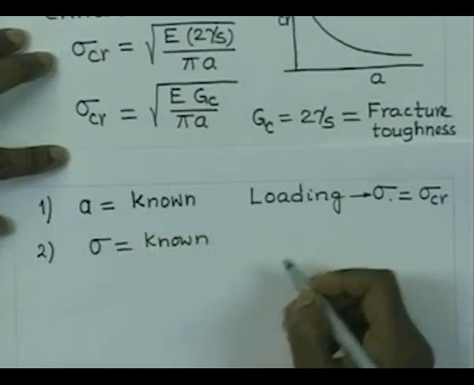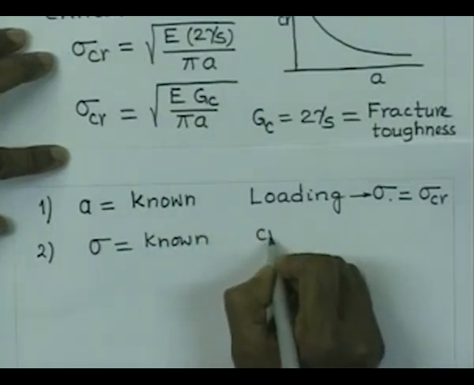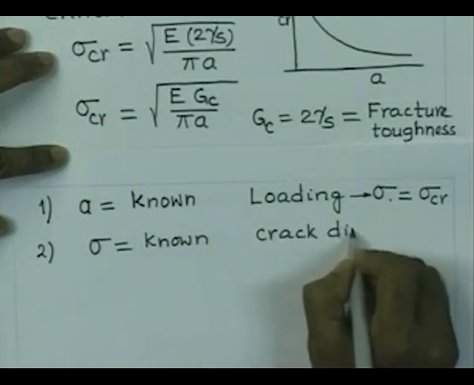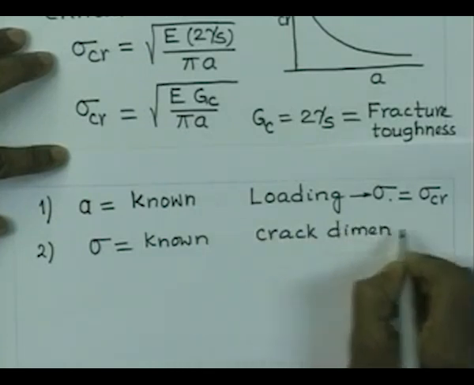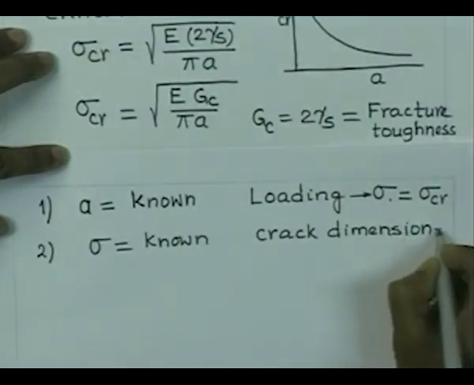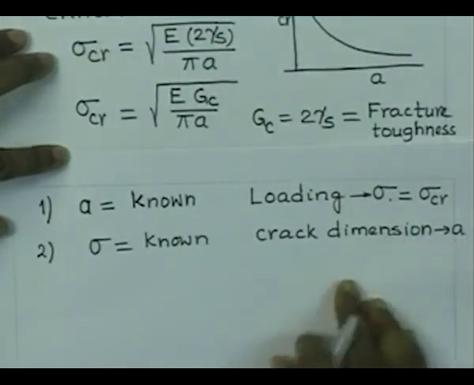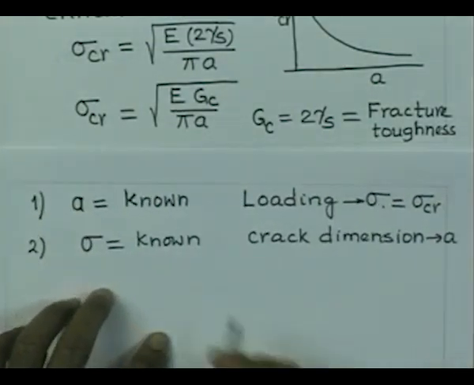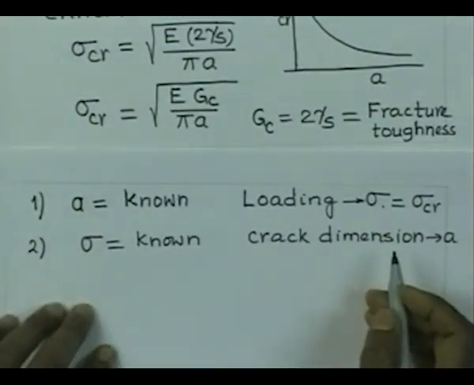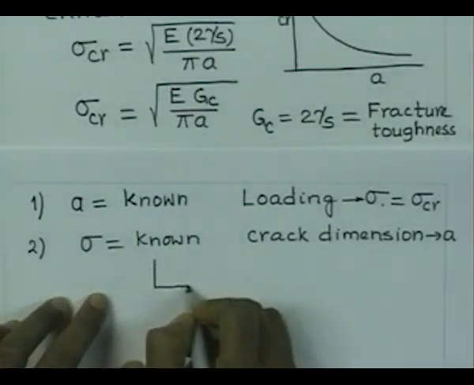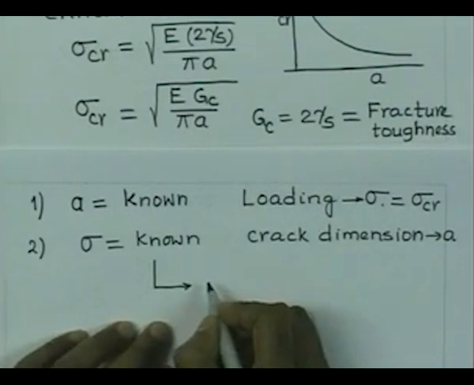Alternatively, if we know the loading on the component, then it is possible to calculate the crack dimension A which will trigger crack extension or failure of the component. This second approach has given rise to a new consideration for design.